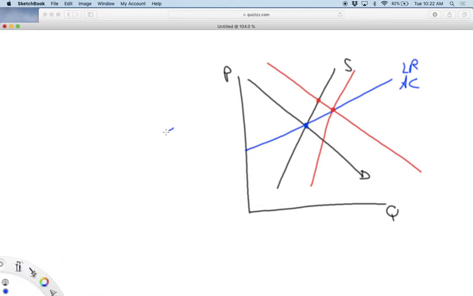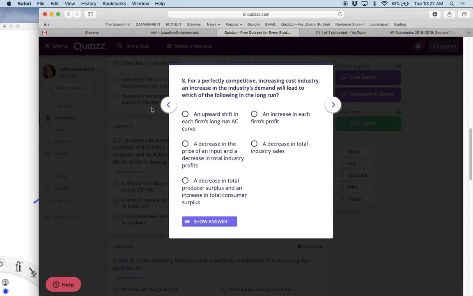Right? Because you remember, here's the increasing cost. If you're ending up from here to here, the average cost curve associated with it will be permanently higher. Okay? An upward shift in each firm's long-run average cost curve. Not the long-run average cost curve, the short-run average cost curve.